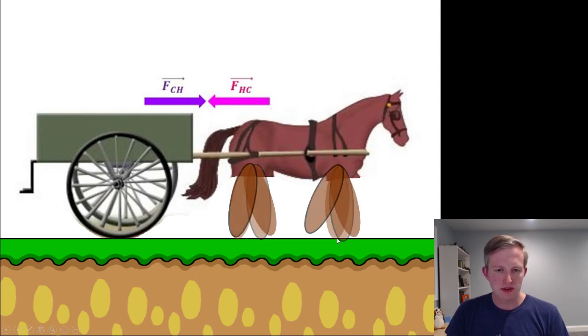Because what's actually happening when we look at the interaction between the horse's feet and the ground is that as the horse is pushing against the ground, this resistance, this frictional force, is preventing the horse's feet from sliding, and so instead the horse is able to actually push itself forward. But if you remove that, then suddenly the horse's legs start to slide and nothing can happen. We don't have any net forward force, and so instead the horse just sort of sits here and the horse and the cart don't move.